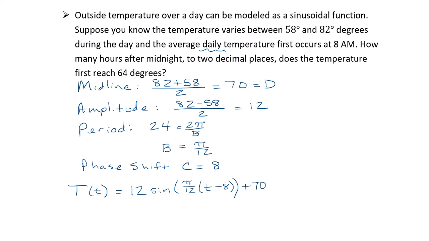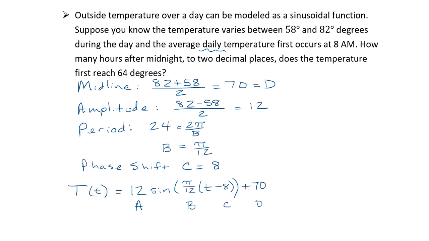And remember, the amplitude is the absolute value of A, but we're going to go with positive 12 anyway, because our temperature is going to start at the midline and it goes up from there, because as the sun starts coming out, the temperature rises. So there's our A value, this is our B, our C, and D.